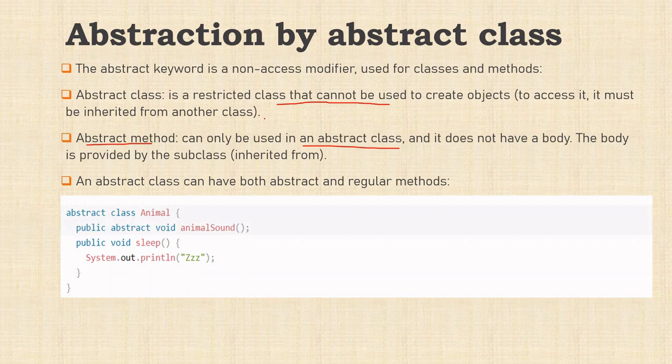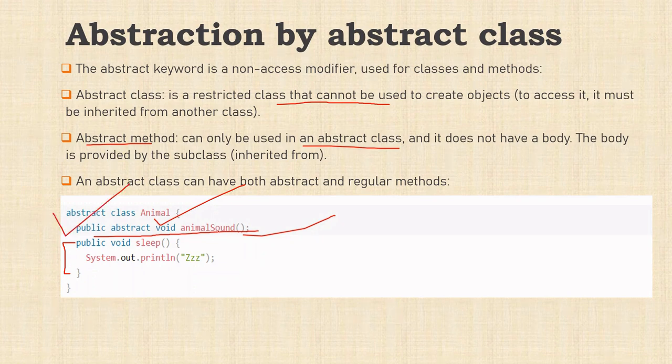So see, this is the abstract class, and this is the abstract method. If you want to create the abstract method inside the abstract class, you have to use the abstract keyword with the method. And this is the concrete class, a normal method like public void sleep.